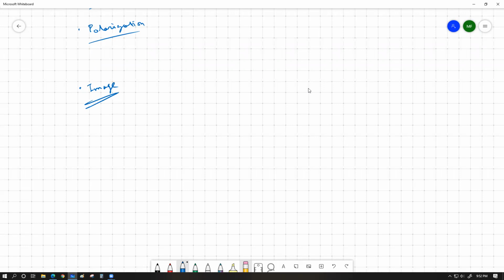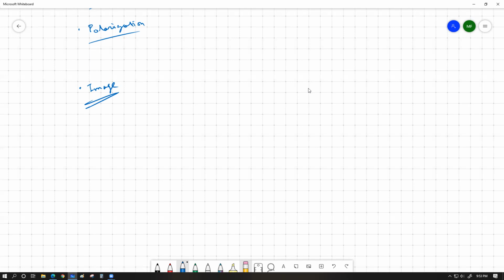An image is basically a copy of the original object that appears to exist because of our view, that copy of the object is perceived by our mind. It is not actually physically copied.